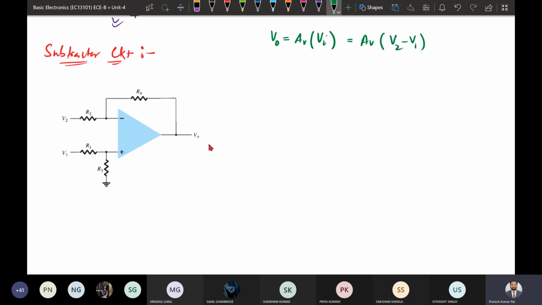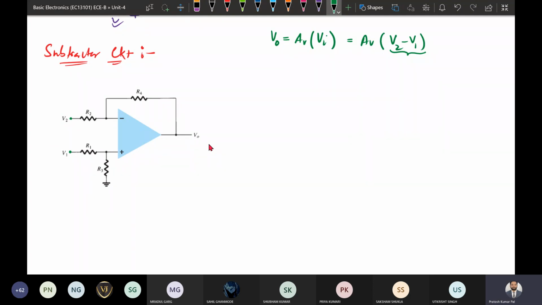So by default it is implementing the difference. So by putting 2 different inputs at 2 different input terminals, one at the inverting and another at the non-inverting, we can get the output that will be a difference of these 2. So we will proceed to solve it.